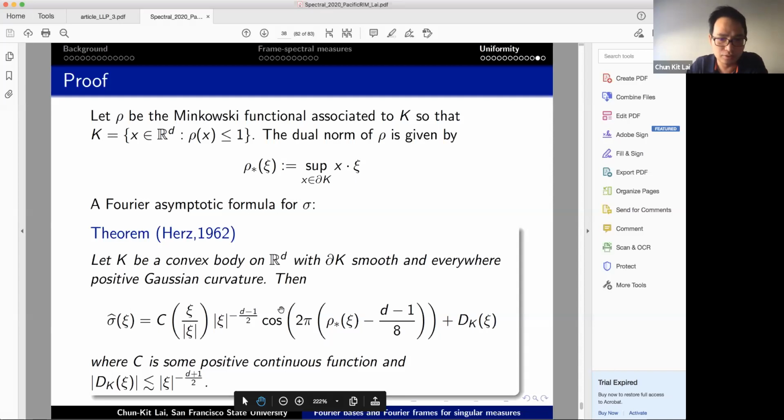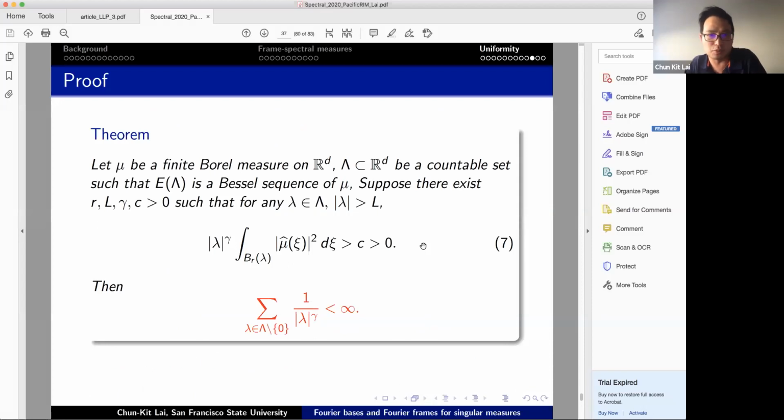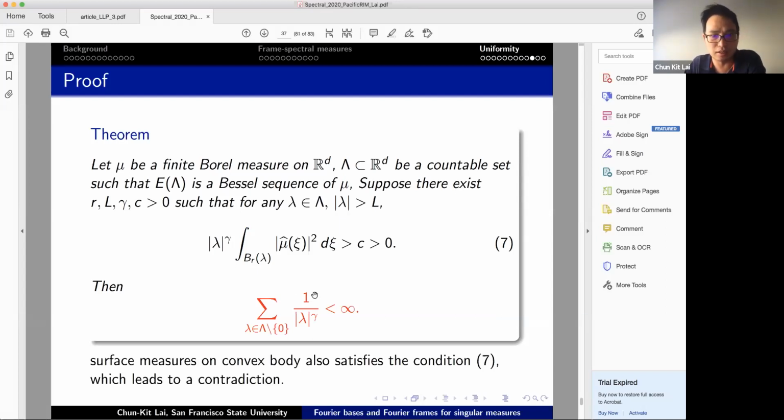That means you are just integrating a cosine, actually cosine squared, over a large enough region. Integrating a cosine squared must have a universal lower bound. Because the surface measure satisfies both conditions, you get a contradiction: one is finite, one is infinite. So there's no Fourier frame. That was the idea of the proof.